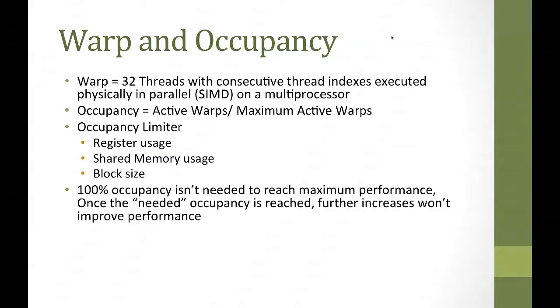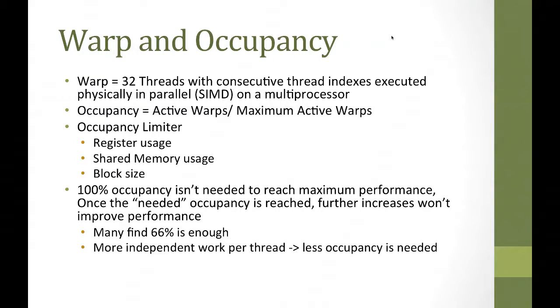The thing I want to mention here is that 100% occupancy isn't needed to reach the maximum performance. Once the needed occupancy is reached, further increases won't improve any performance. A lot of people believe that 66% occupancy is enough for most programs.